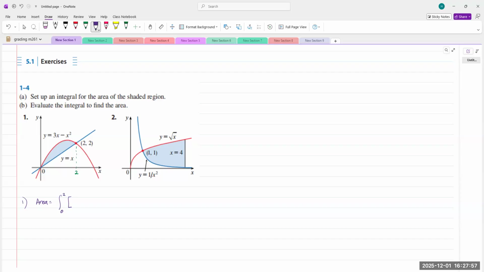the function on the top, which is in this case the red one, y equals 3x minus x squared, minus the curve at the bottom, which is y equals x. Now since we are integrating with respect to x, the function has to be solved for y equals.